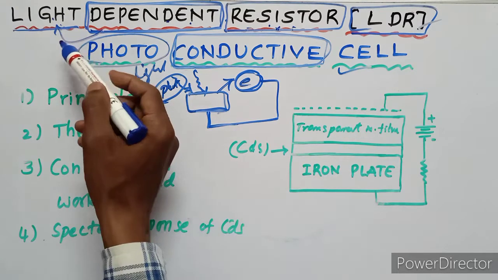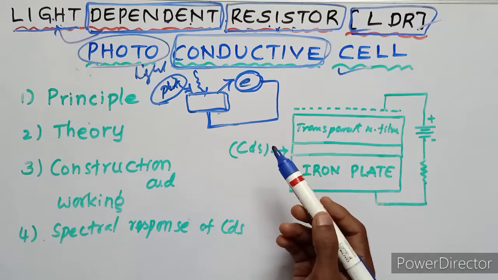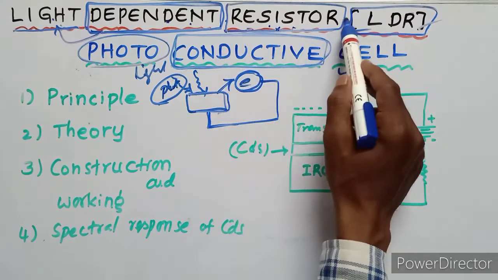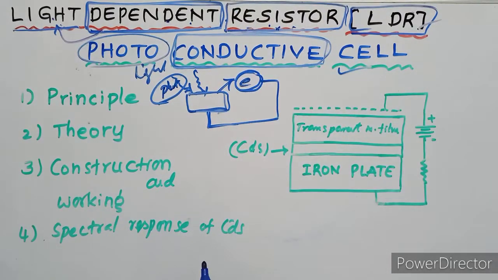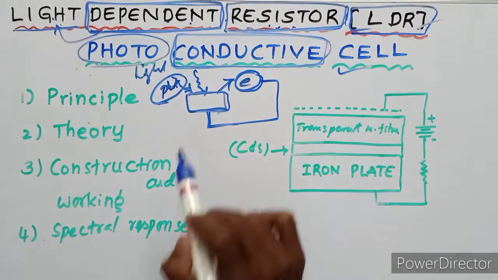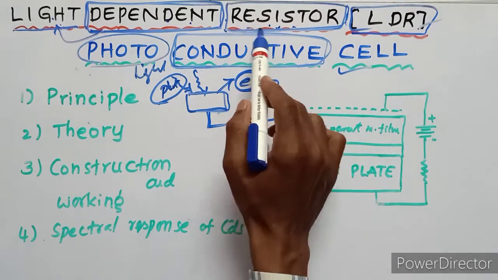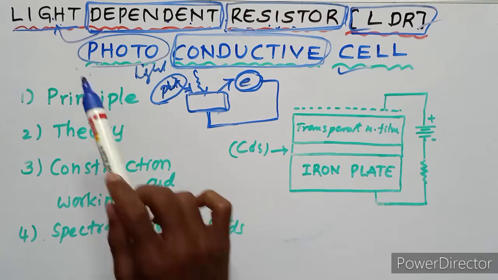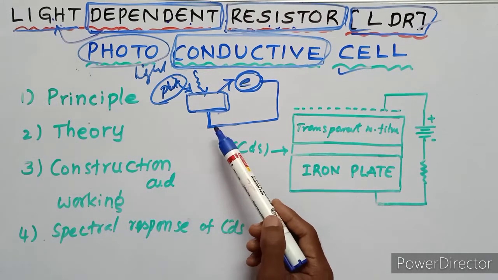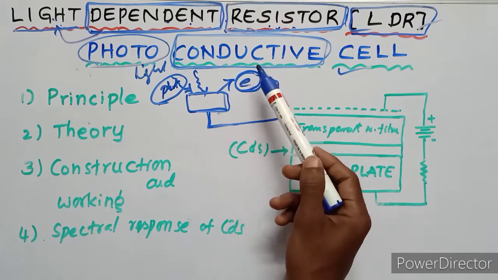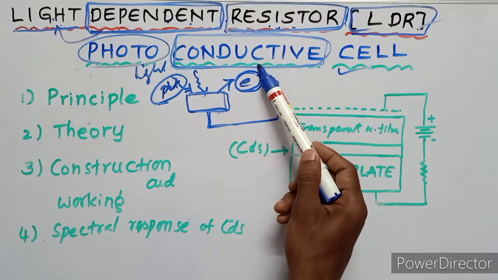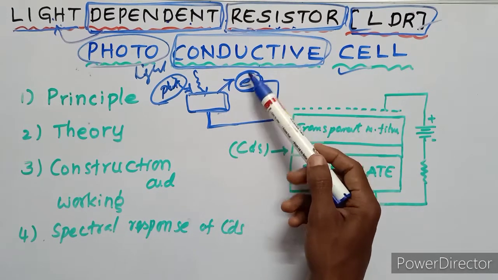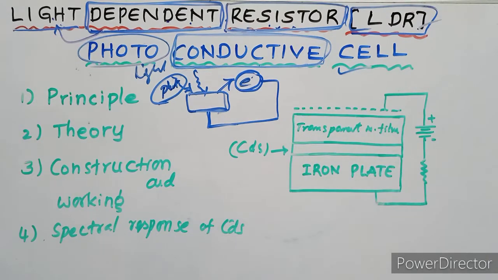When light is incident on any metal, the conductivity is high, it is increasing, and the resistance is decreasing.